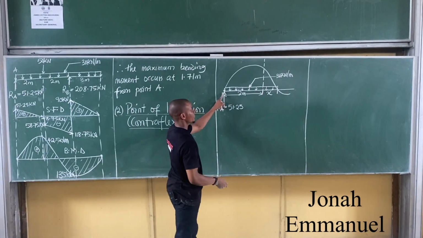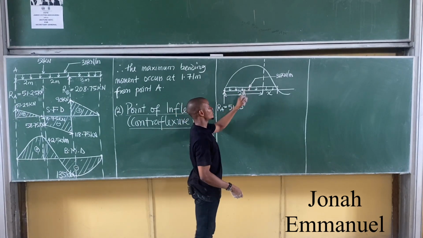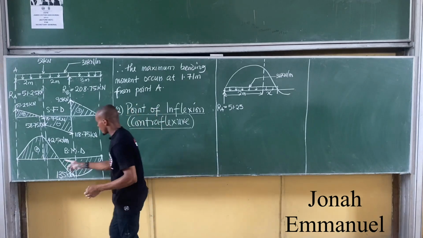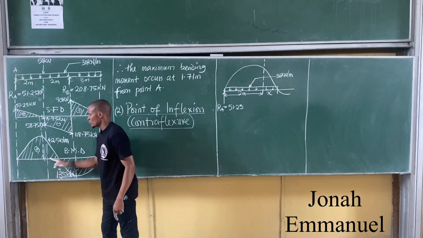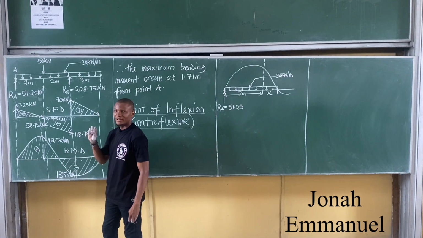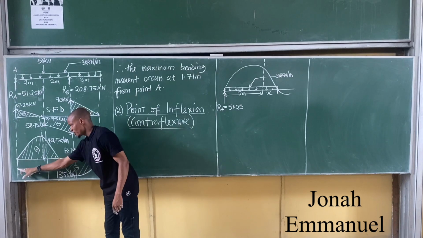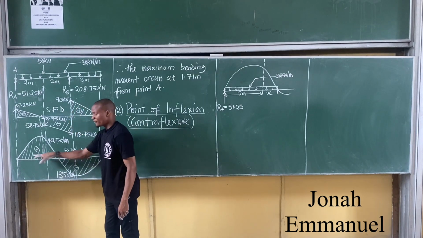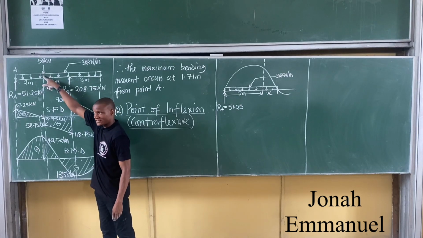Alright, so bring back the RA, bring back UDL. Please check from here to here. I brought back the RA, I brought back UDL. Can we find the force again there? Is there another force there? Yes, 50.